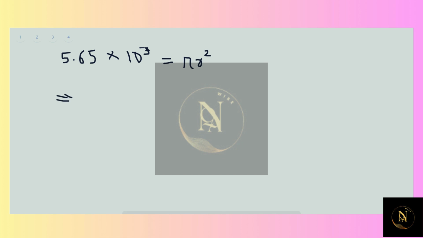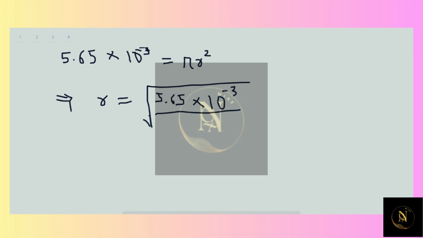From this, I can very conveniently find the radius r to be the square root of 5.65 times 10 raised to negative 3 divided by pi.